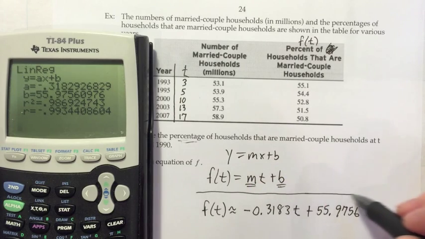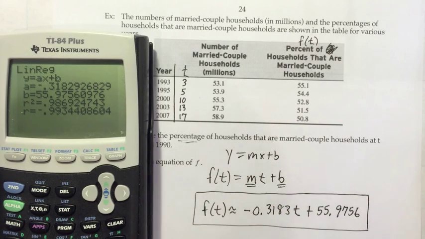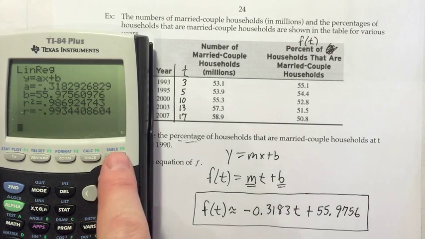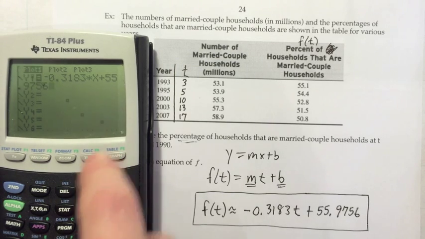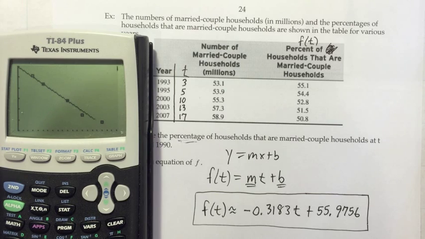So there's our equation, and we can check real quick just to make sure that that's a good fit. If I hit y equals on the calculator, I can enter that in, negative 0.3183 times t. I have to use an x on the calculator, plus 55.9756. And when I hit graph, I see that equation drawn in with the data, and I see that it is in fact a pretty good fit.